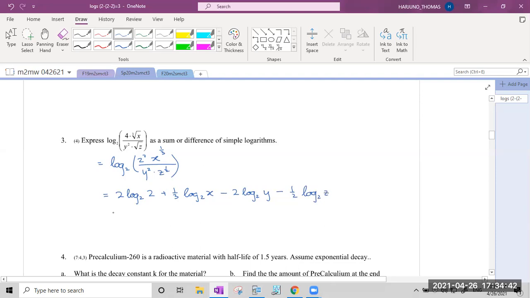And 2 log base 2 of 2 is just 2, right? So this is 2 plus 1/3 log base 2 of x minus 2 log base 2 of y minus 1/2 log base 2 of z. That's for number 3.